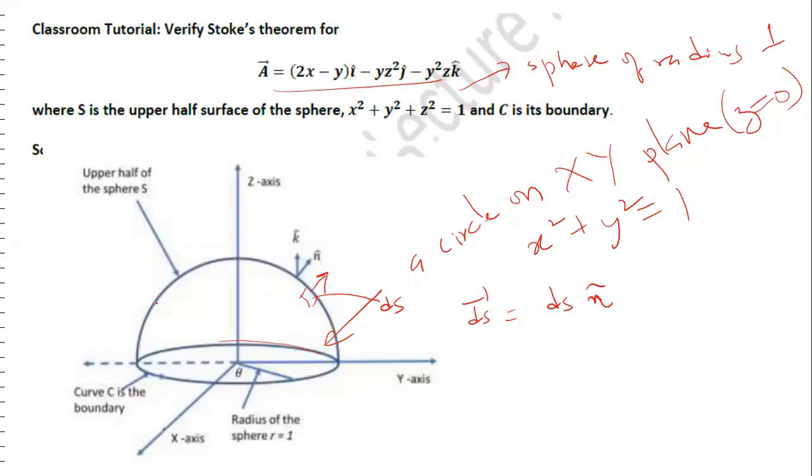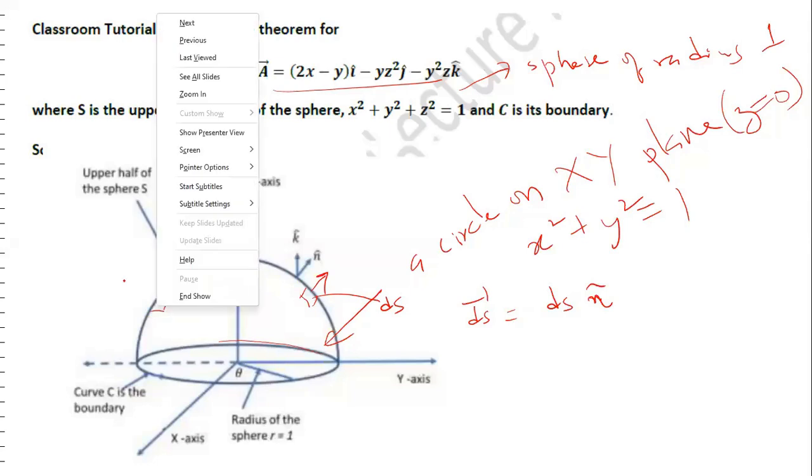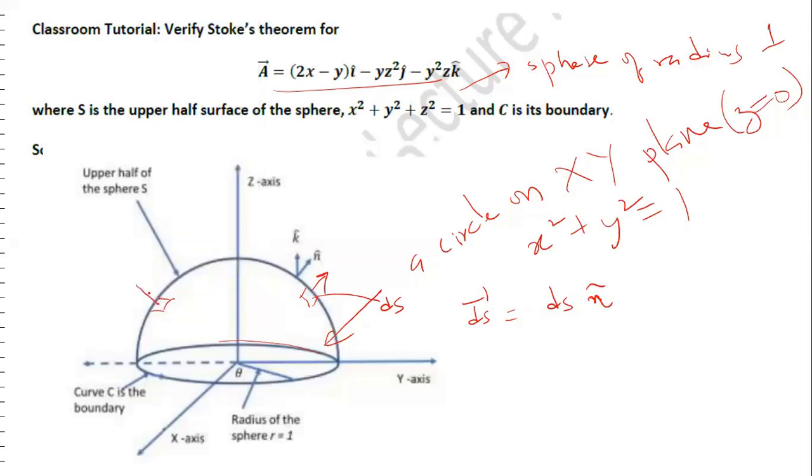In fact, this is the unit normal vector. Normal means this vector is at 90 degrees to the surface here.